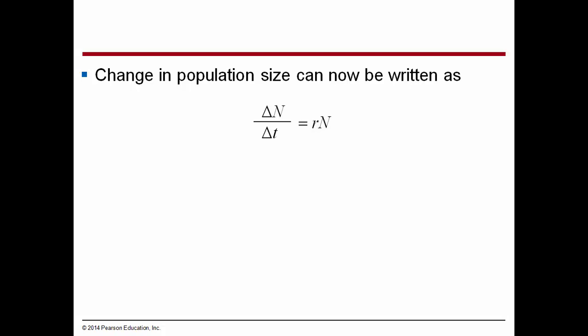Births and deaths still occur in such a population, of course, but they balance each other exactly. Using the per capita rate of increase, we can now rewrite the equation for population size as delta N over delta T equals rN. Remember that this equation is for a specific time interval, often 1 year, and does not include immigration or emigration. Most ecologists prefer to use differential calculus to express population growth instantaneously.